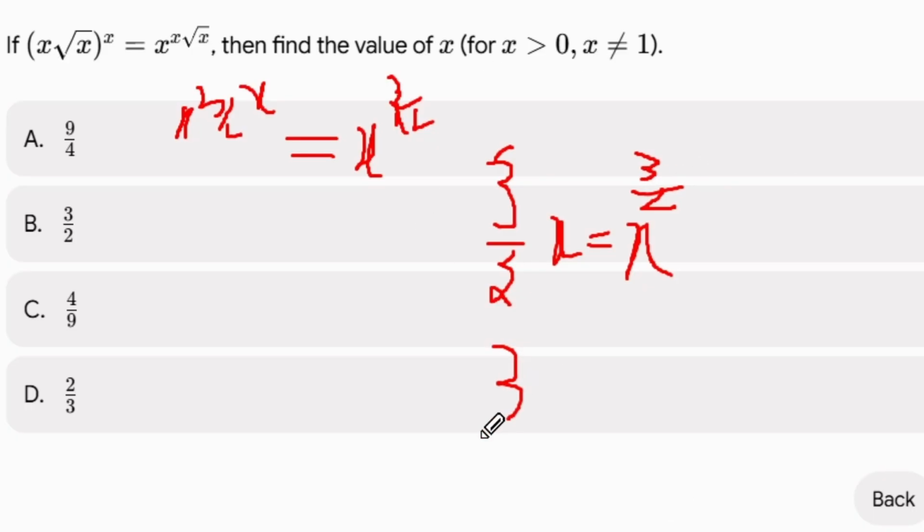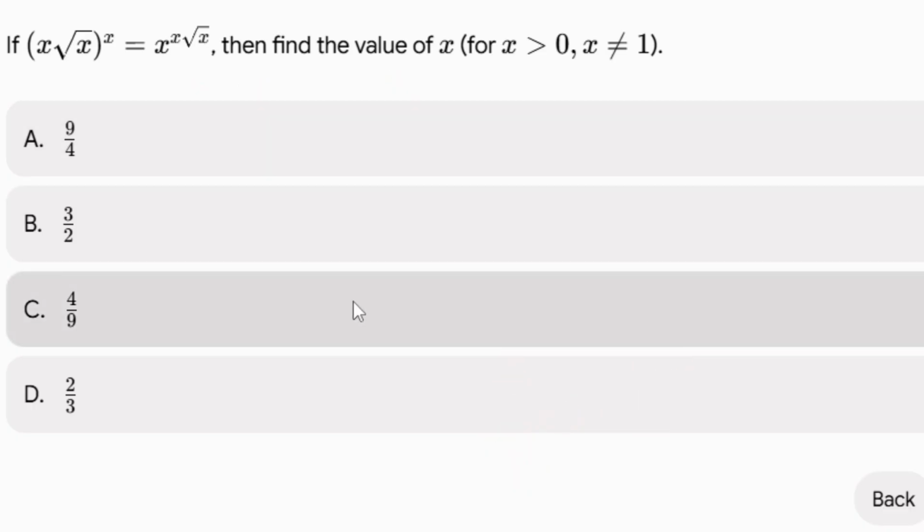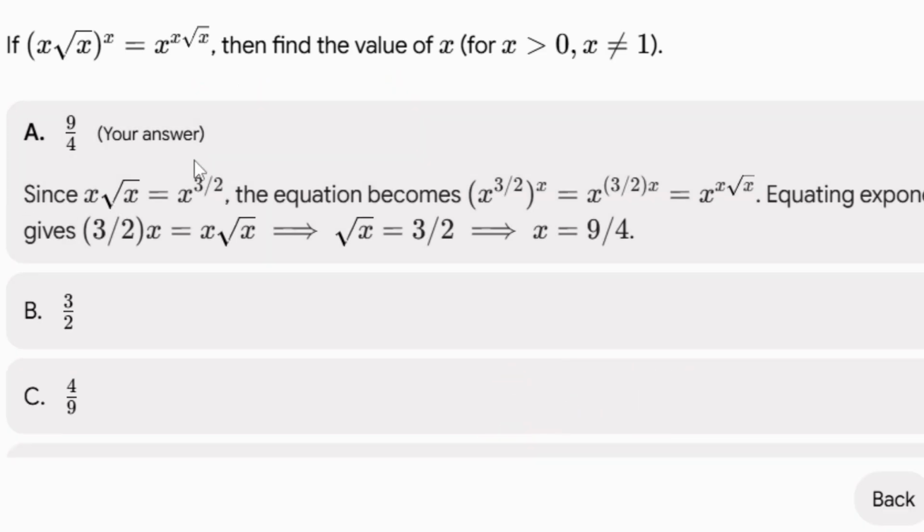Then by transposing x, we get x power 3 by 2 minus 1, that equals x power 1 by 2. By squaring both sides, we get x equals 9 by 4. 9 by 4 is the correct answer.